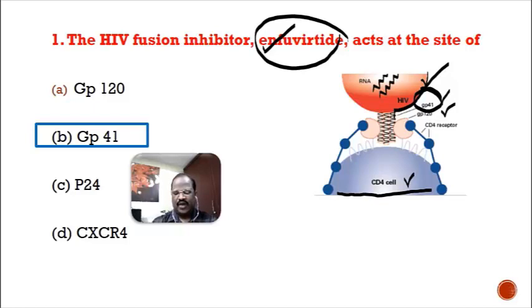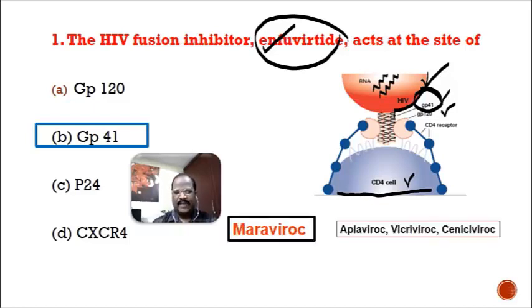And we have one more group of drugs called Maraviroc, Aplaviroc, Vicriviroc, and one more newer drug, Cenicriviroc. All these drugs are acting on the CCR5 receptor.